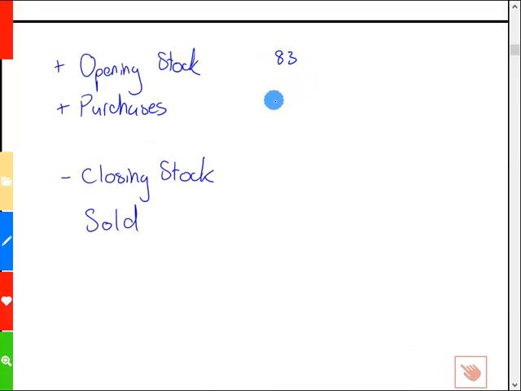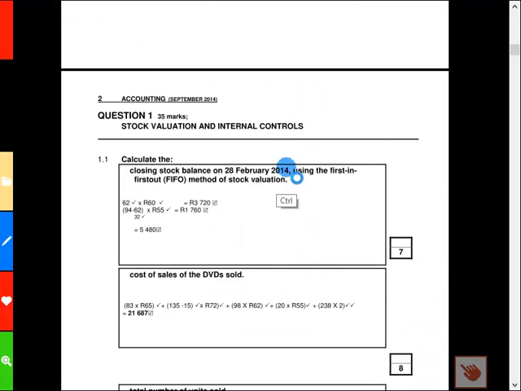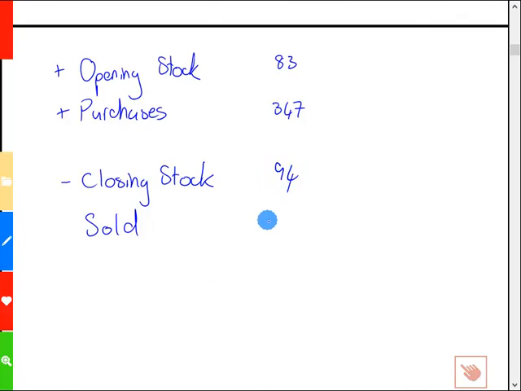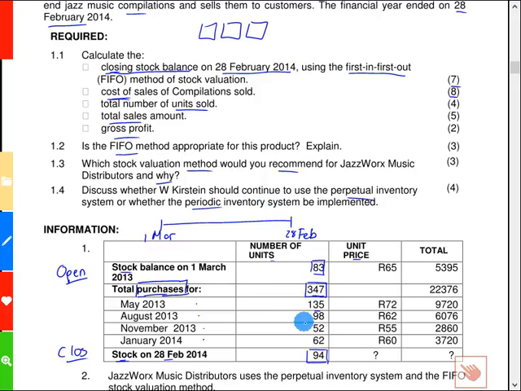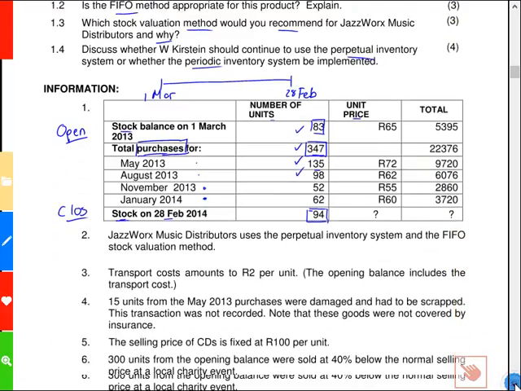Okay, we know we purchased 347 during the period, and we know we had 94 units left at the end. So because it's the FIFO, which units are going to be disappearing first? These ones. Alright, so we'll be left at the end of the day with the 94 units. So where do you think the 94 units are going to come from? November and January. Exactly.